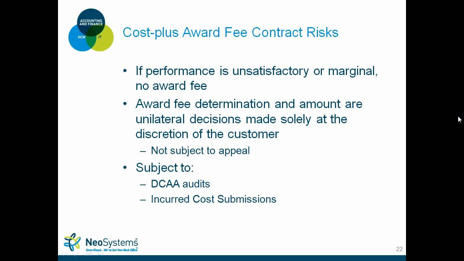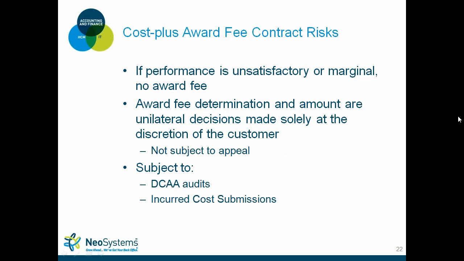So some of the award fee risks are that since you've been awarded a cost-plus award fee type contract, you're not guaranteed that award fee. I don't know any company that I've dealt with that has been given 100% of the award fee. If your performance as a contractor is marginally acceptable or even unsatisfactory, chances are you won't receive an award fee.